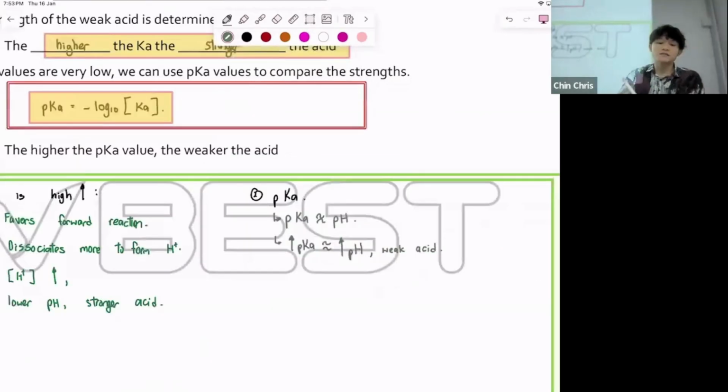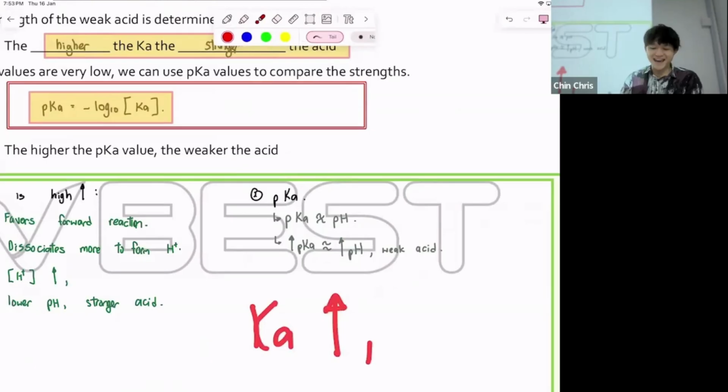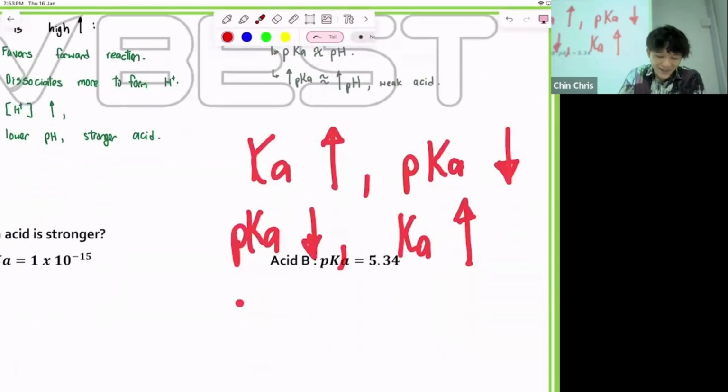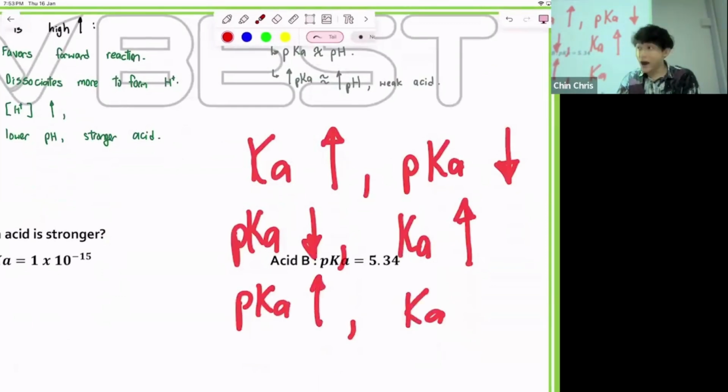Let me ask you guys a question. Let's go. When my Ka is high, what happens to my pKa? Low. Good job. Opposite. Or when my pKa is low, then Ka is high, right? When my pKa is high, Ka is lower, and the acid is weak or strong?